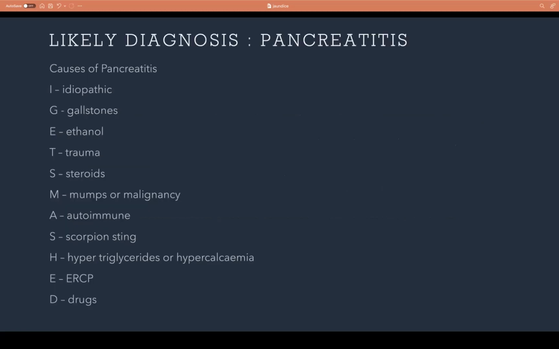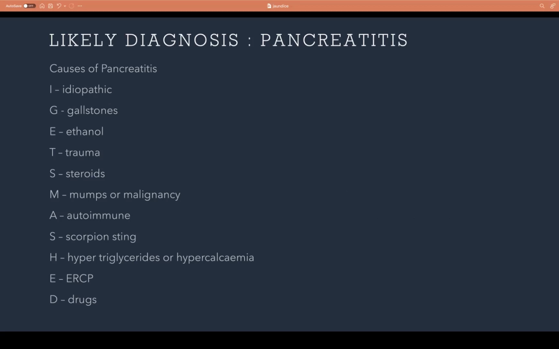There are several causes of pancreatitis. I GET SMASHED is a good way to remember it. I for idiopathic, G for gallstones, E for ethanol, T for trauma, S for steroids, M for mumps or malignancies, A for autoimmune, S for scorpion stings, H for high triglycerides or hypercalcemia.